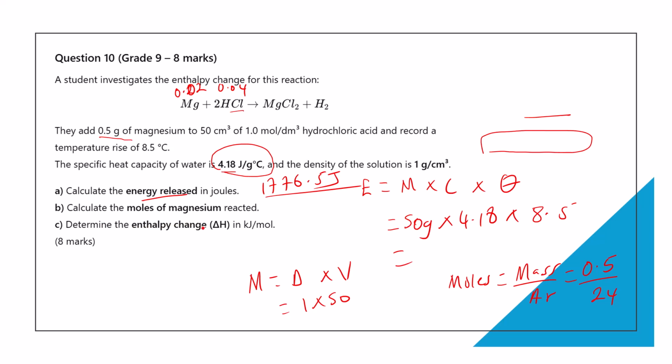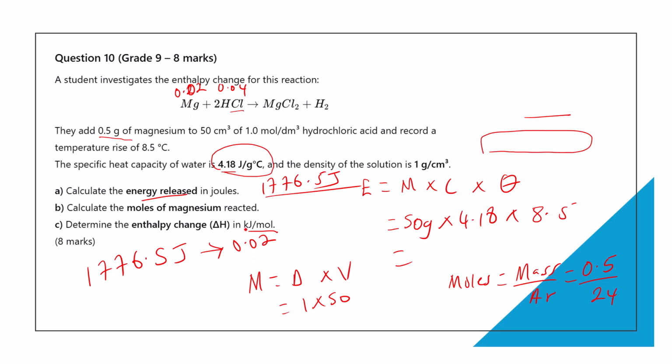Now, determine the enthalpy change in kilojoules per mole. Listen, 1776.5 joules is what has been released, what has changed. But that is for how many moles of magnesium? 0.02 moles of magnesium. So just focus on the magnesium.